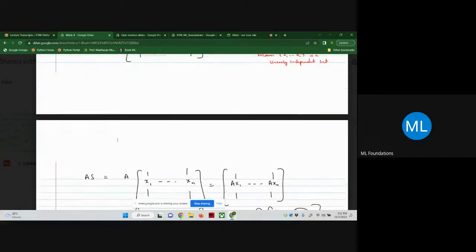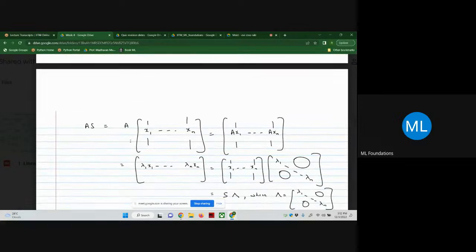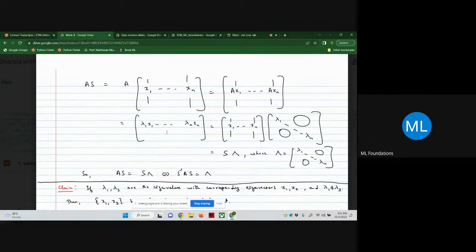Now if you compute A S, you get A x1, A x2, A x3, and so on up to A xn. A x1 equals lambda 1 x1, A x2 equals lambda 2 x2, and so on, A xn equals lambda n xn.